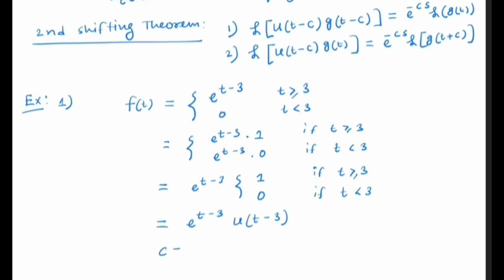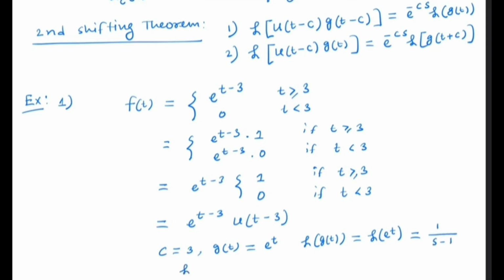So here we have c equal to 3 and g of t is equal to e power t. Here we use the first form. What is the Laplace transformation of g of t, which is L of e power t, which is nothing but 1 by s minus 1.